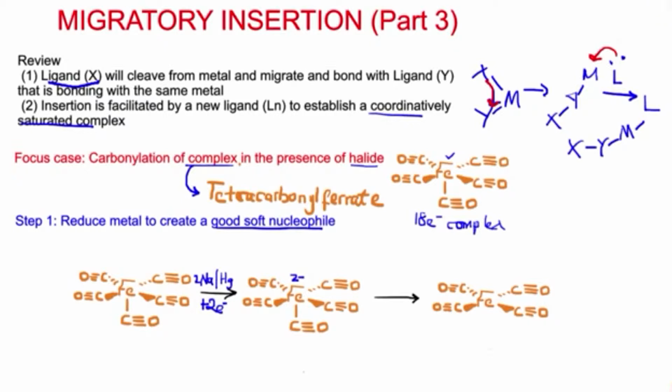So what that results in is that the overall electron count of this complex is now 20 electrons. Now these 20 electrons are really too much. It makes this complex rightfully unstable. Now to make this complex stable, what do you think is going to happen? Yes, you got it.